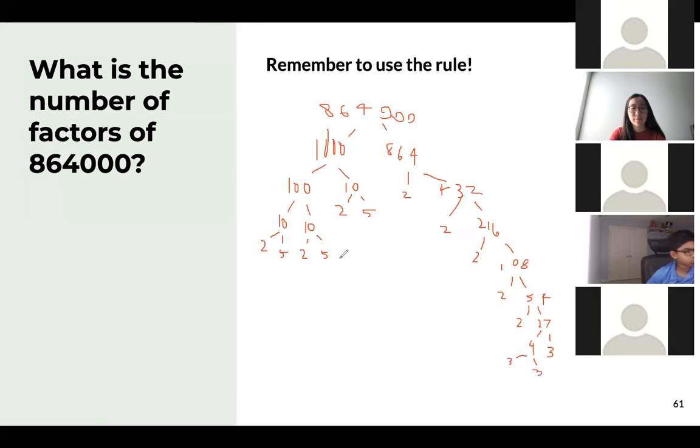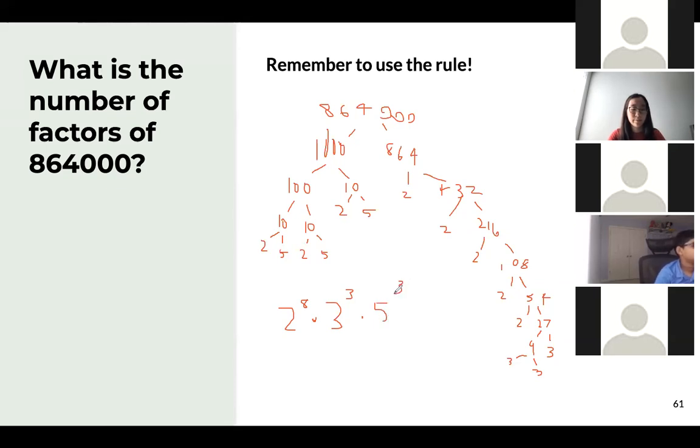And now if we count them up, we should have 8 2s. 2 to the 8th power times how many 3s? Oh, maybe you guys are right. I think the answer on this slide might be wrong. Okay, so 3 to the 3rd, and then how many 5s? 1, 2, 3, 3 5s.